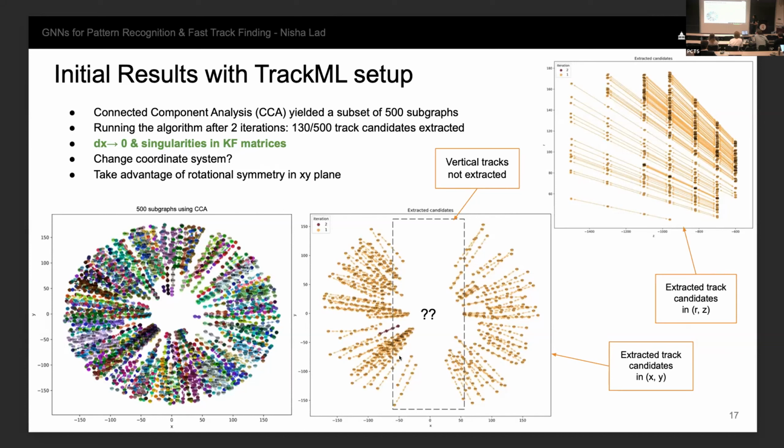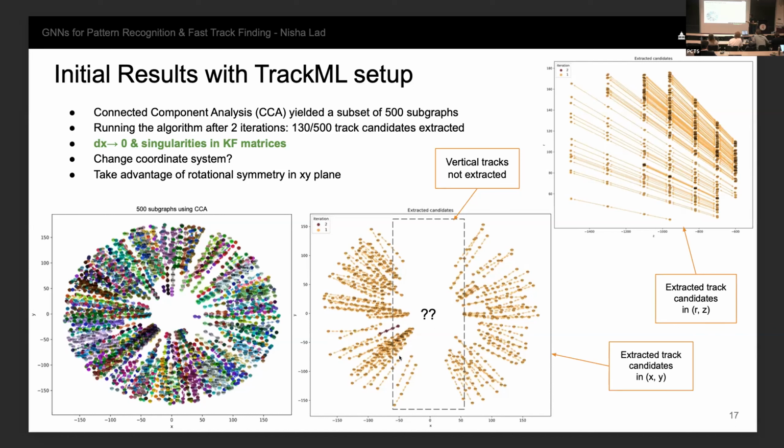Then we applied our GNN algorithm to this. After iterations 1 and 2, we only saw a very small amount of tracks extracted. We only saw 130 out of 500 tracks extracted, with many of the near vertical tracks not extracted.